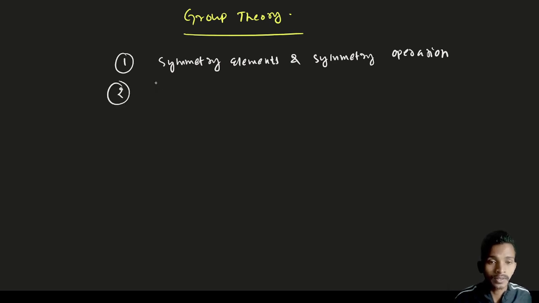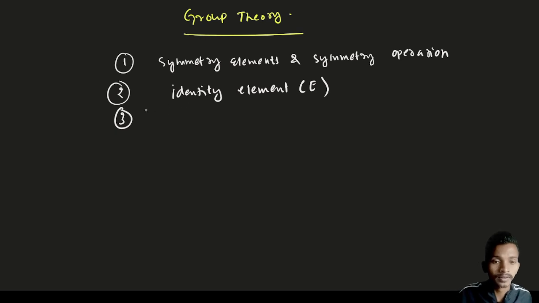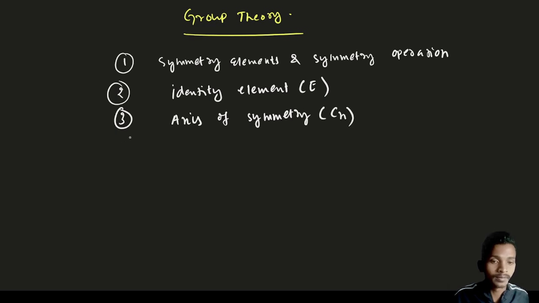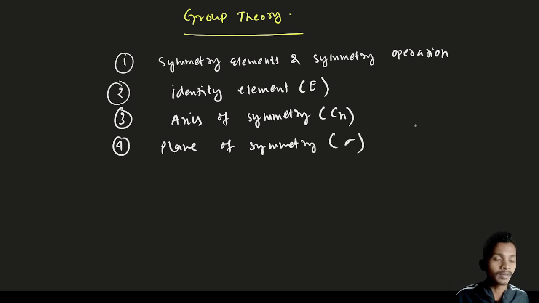And next we discussed all the symmetry elements: the identity element, represented by E; the axis of symmetry, represented by Cn; the plane of symmetry, represented by sigma.